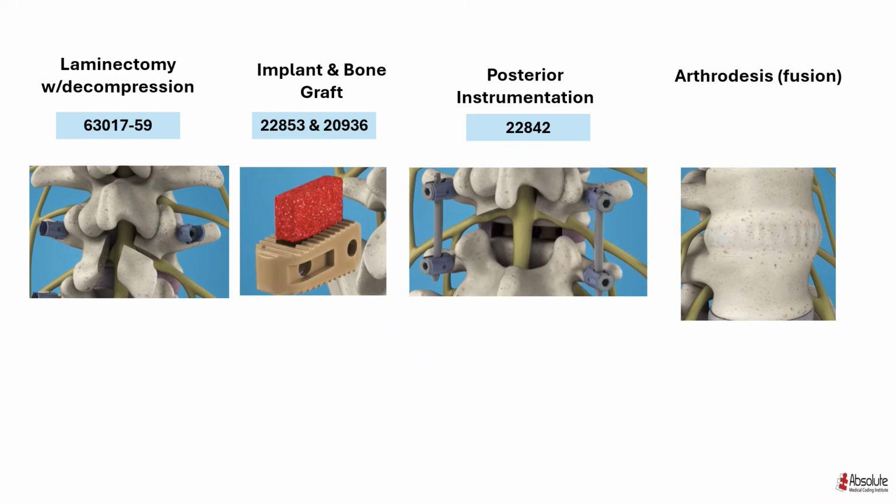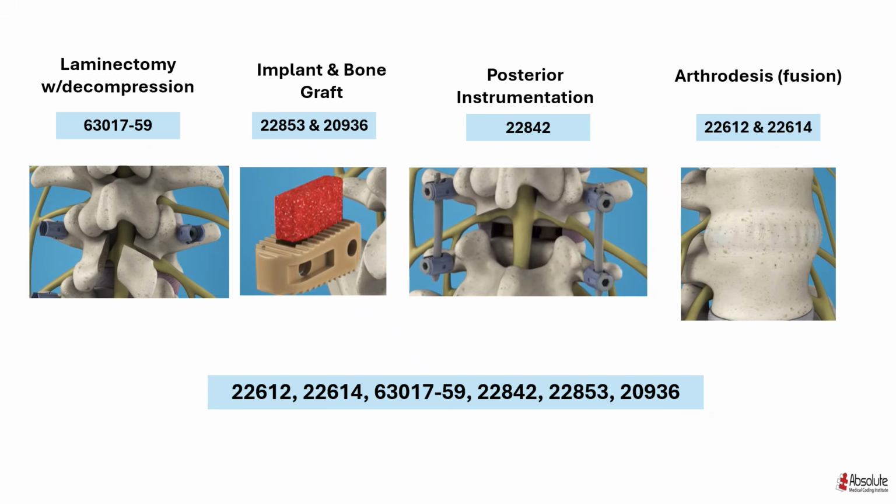What is arthrodesis? It locks it in for good. It fuses the vertebrae to eliminate movement at all. And we coded it 22612 and 22614. And we sequenced it like this: 22612, 22614, 63017 with a 59 modifier.